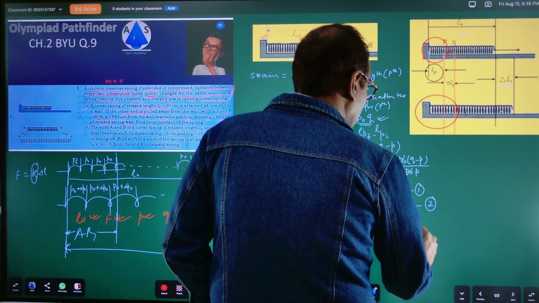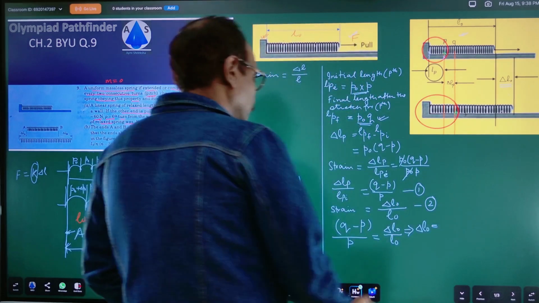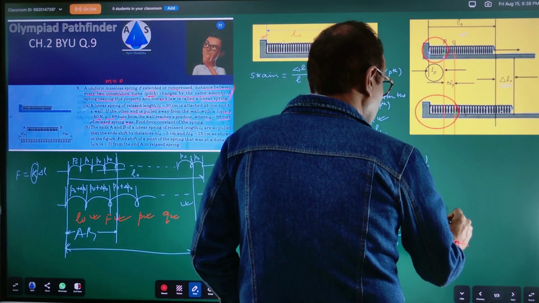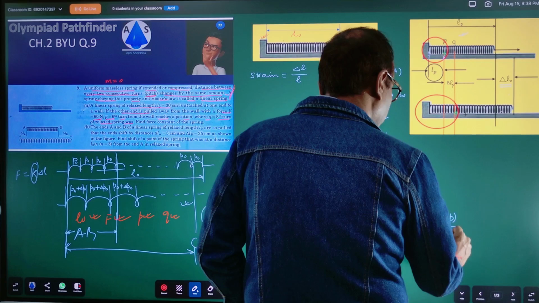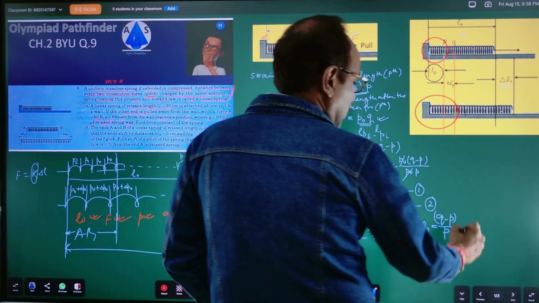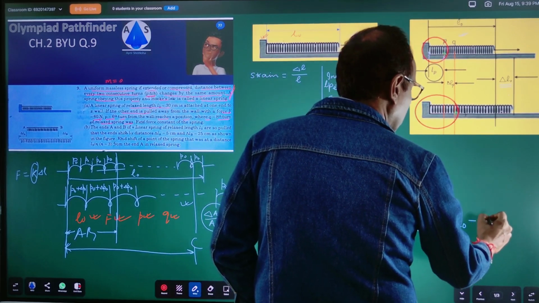So your delta L naught will become Q minus P divided by P into L naught. This is your equation 3.